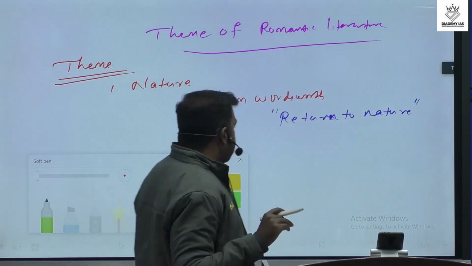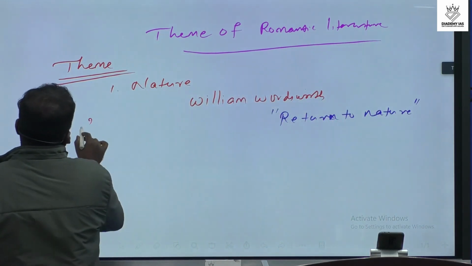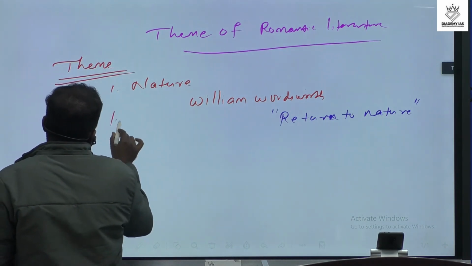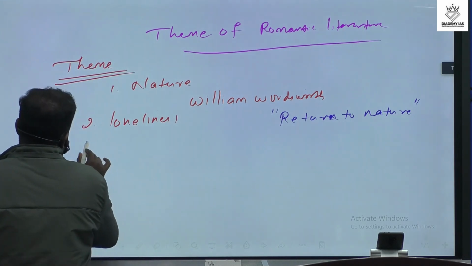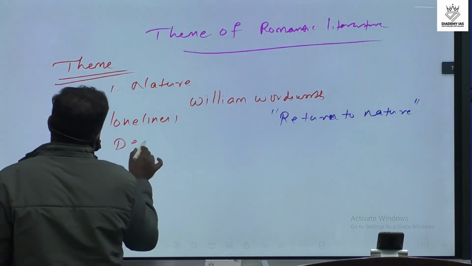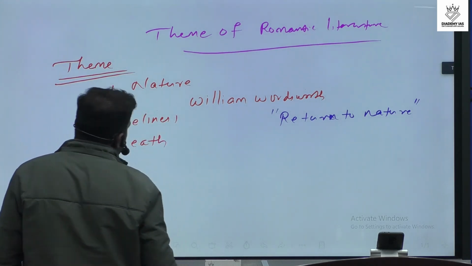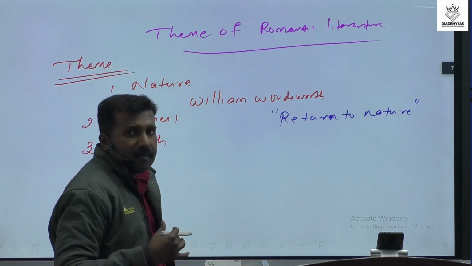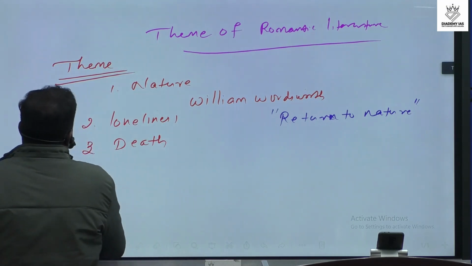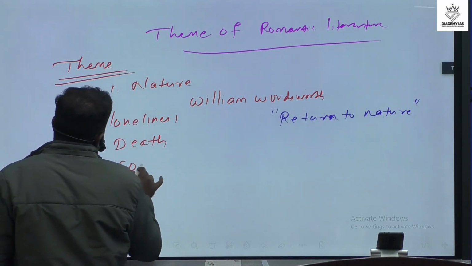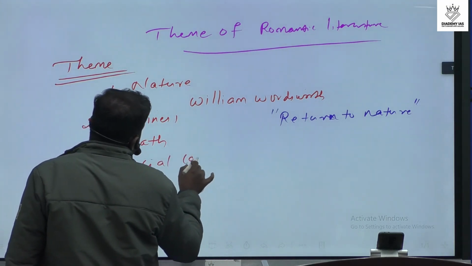And the next one is loneliness, which was an important theme. The third one is death. Death was a common theme in Romantic literary works. The fourth one is social conditions.